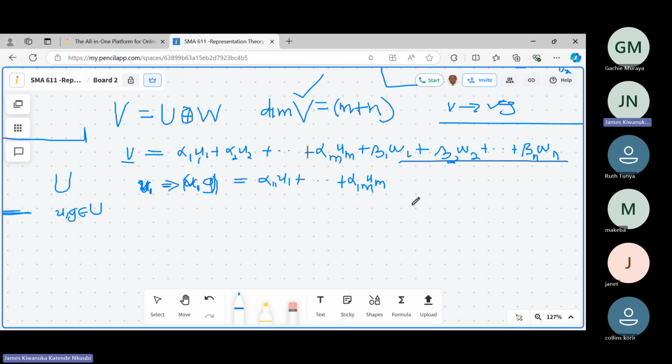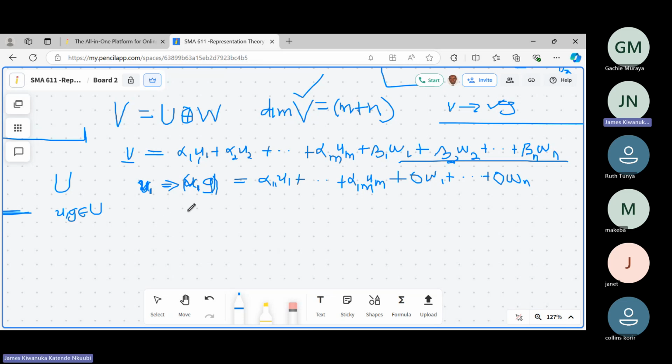Now this basis vector came from U, and U is a subspace with its own basis. So those basis elements are enough to write out U. So I can only introduce the ones from W with zero coefficients because they don't contribute anything. So this will go all the way up to 0, WN.